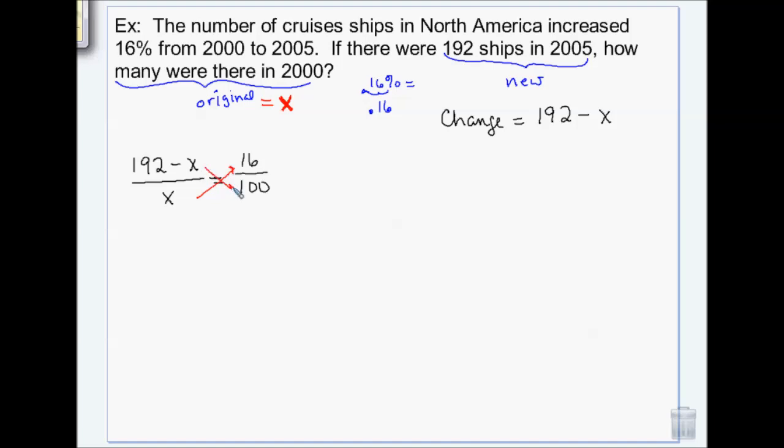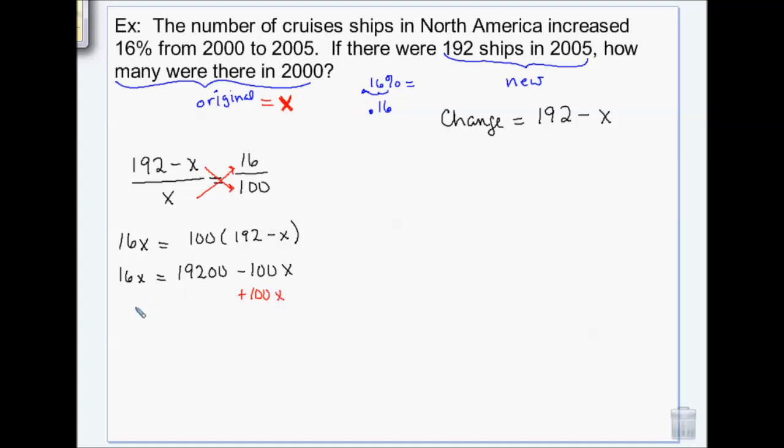If I cross multiply this, I'm going to get 16x is equal to 100 times 192 minus x. Okay, distribute the 100.